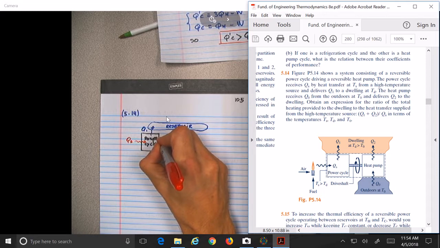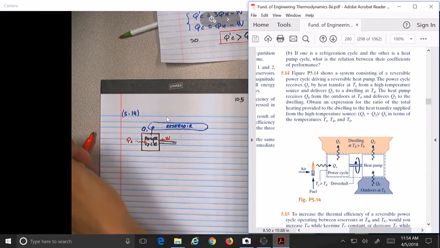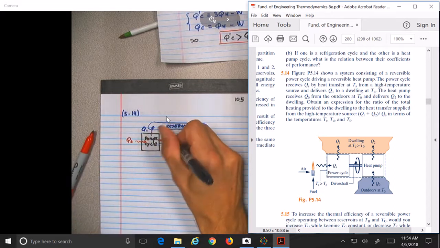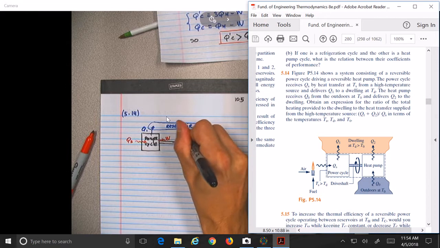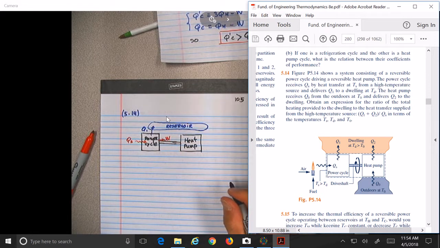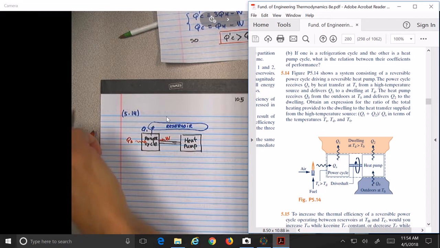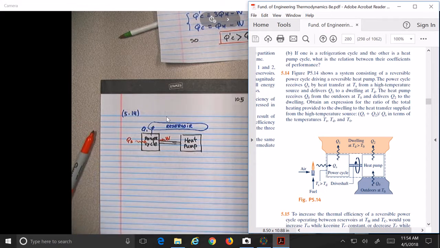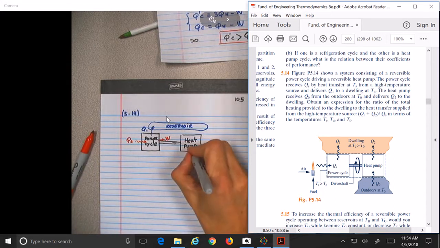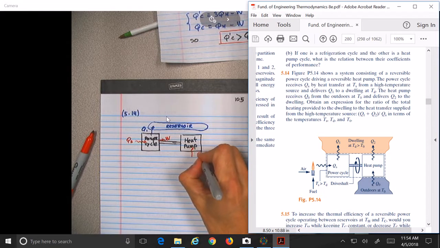If you want, this is the work produced by the power cycle, and is going to go into a heat pump that operates between Q sub 0 over here.